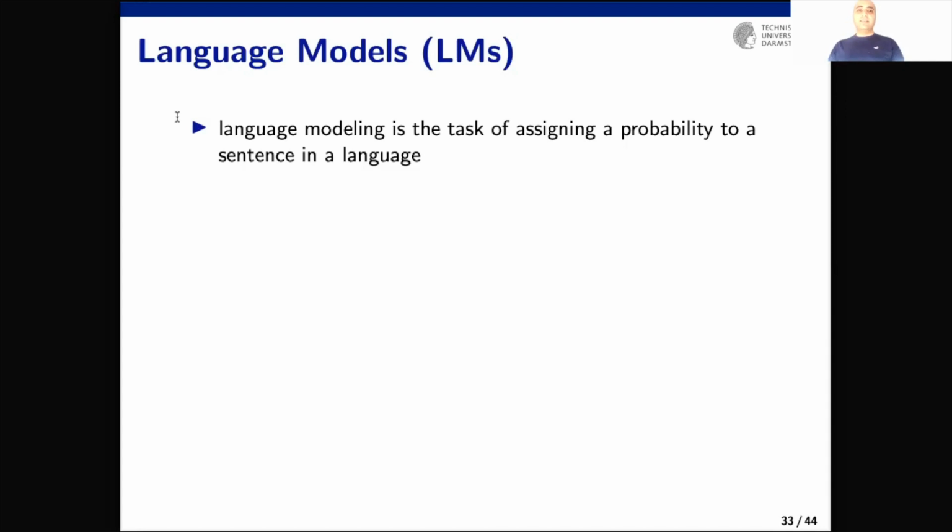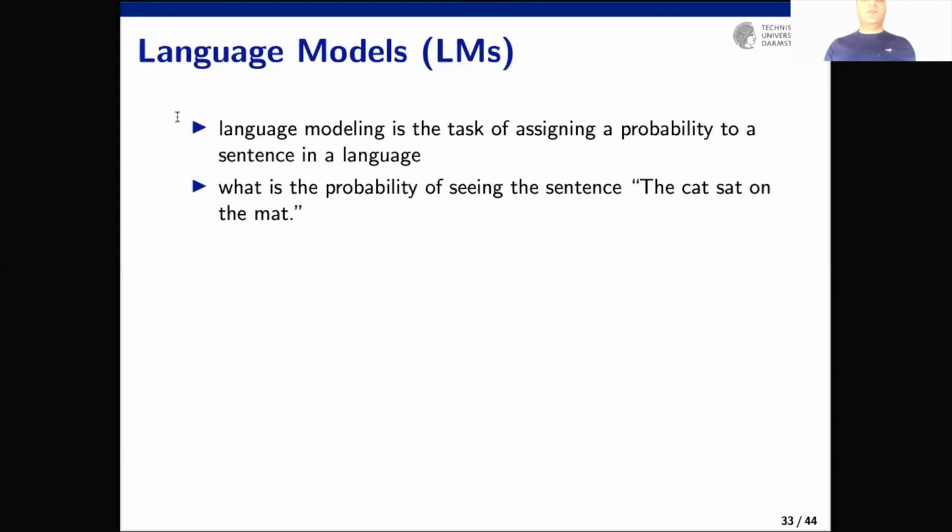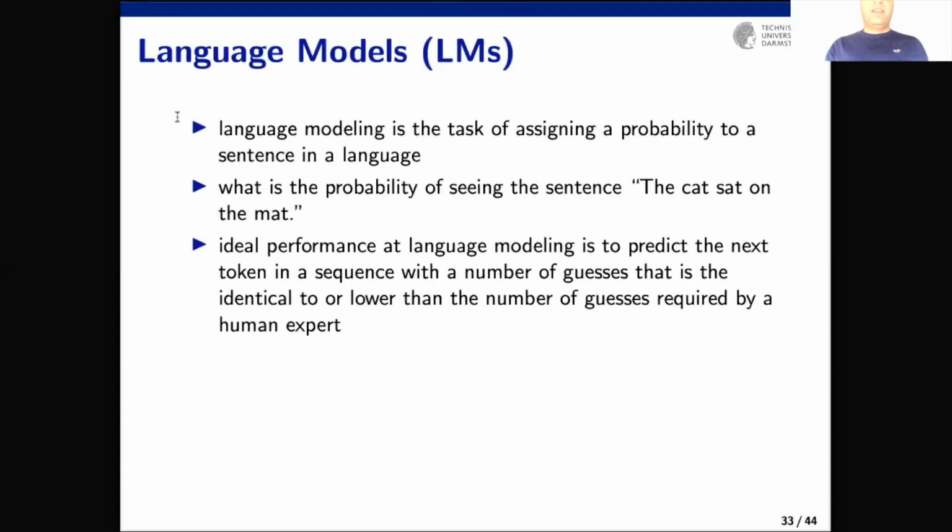The goal of the task is to assign a probability to a sentence in a language. So we want to know what is the probability of seeing the sentence, the cat sat on the mat, in English, right? The ideal performance at language modeling is to predict the next token in a sequence with a number of guesses that is identical to or lower than the number of guesses required by a human expert.